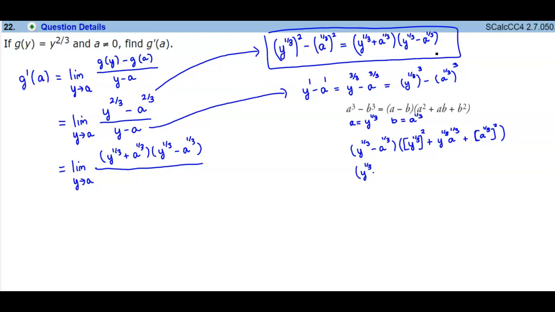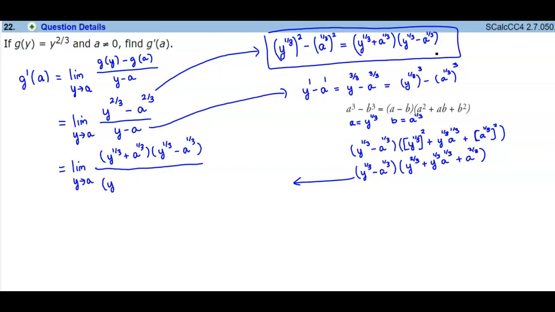So we have y to the 1/3 minus a to the 1/3, and we end up getting y to the 2/3 plus y to the 1/3 a to the 1/3 plus a to the 2/3. So now let's put that in our denominator.